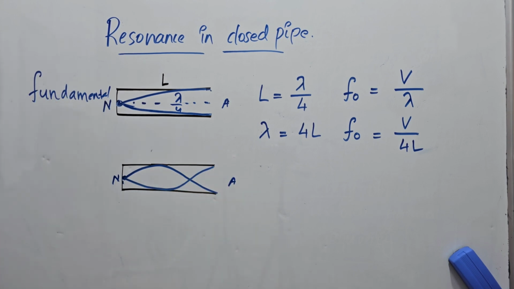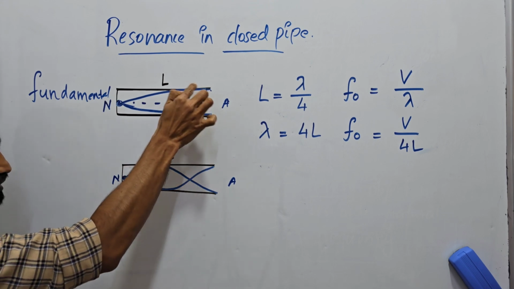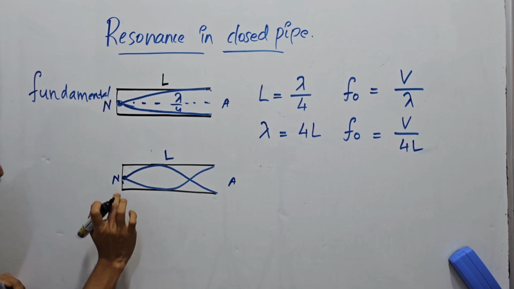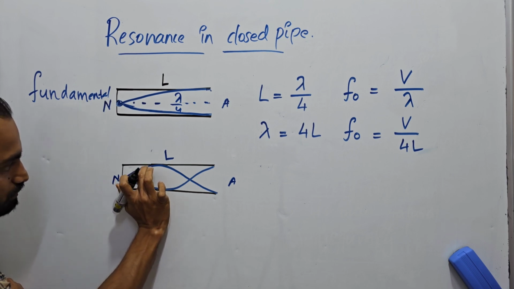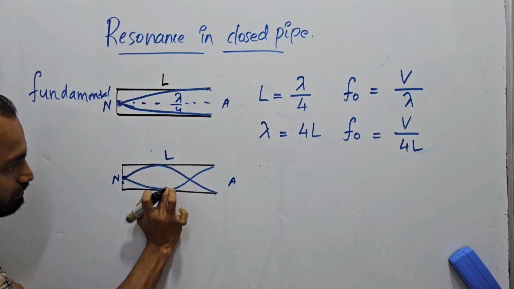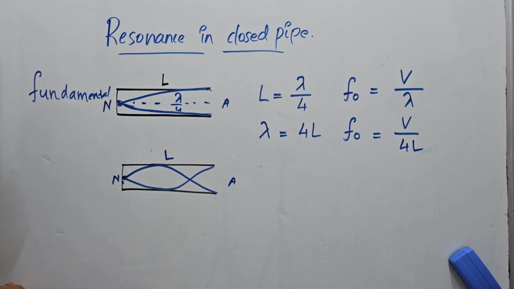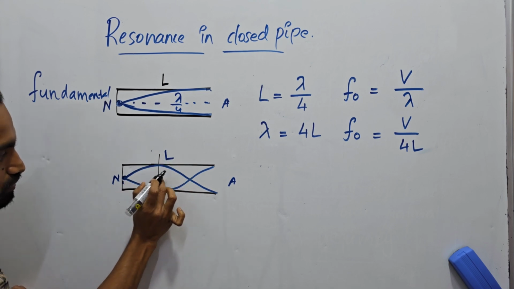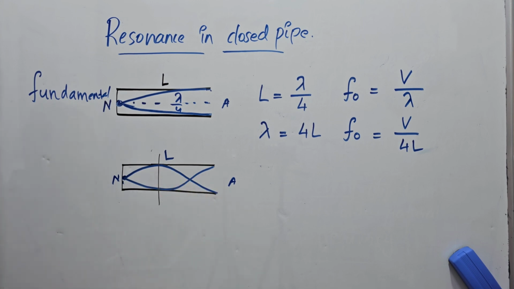Okay, this is the length of the pipe. So you can see this is a quarter of the wavelength, lambda by 4. Or I can make it like this: 1/4, 2/4, 3/4. So I will write like this.